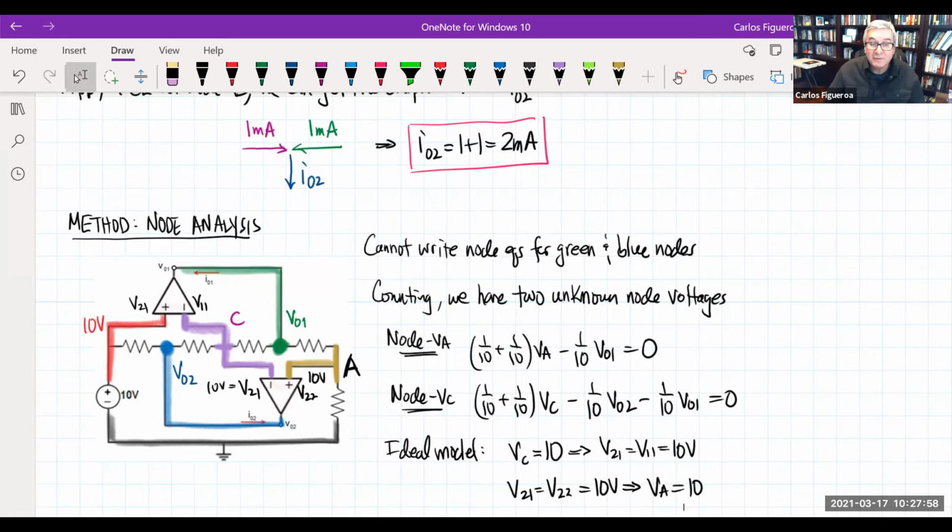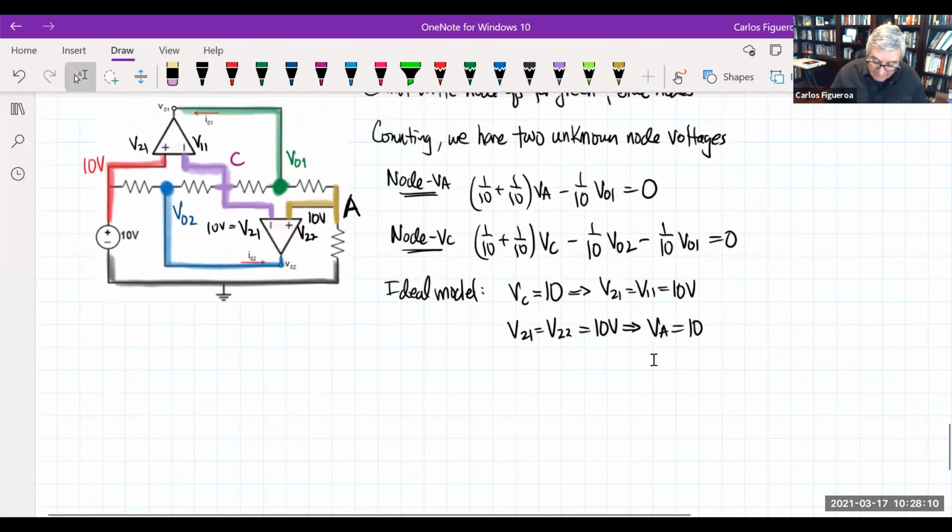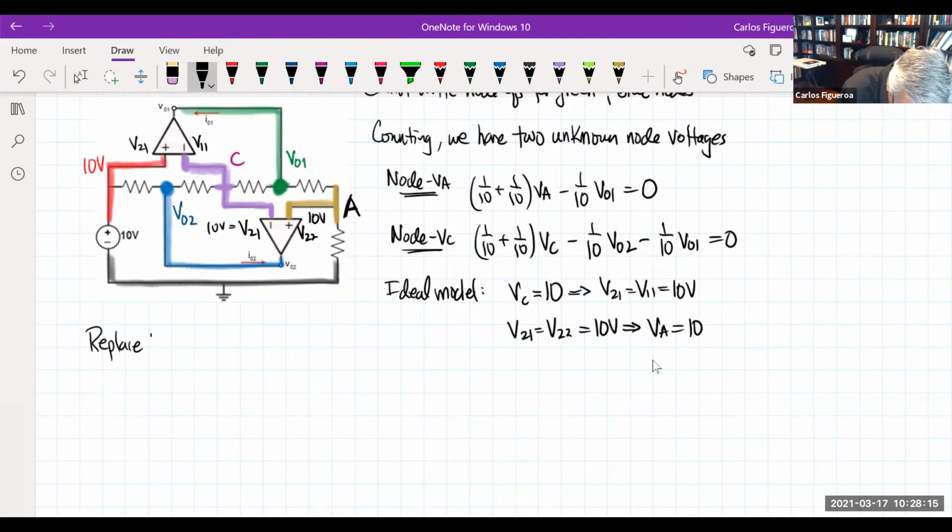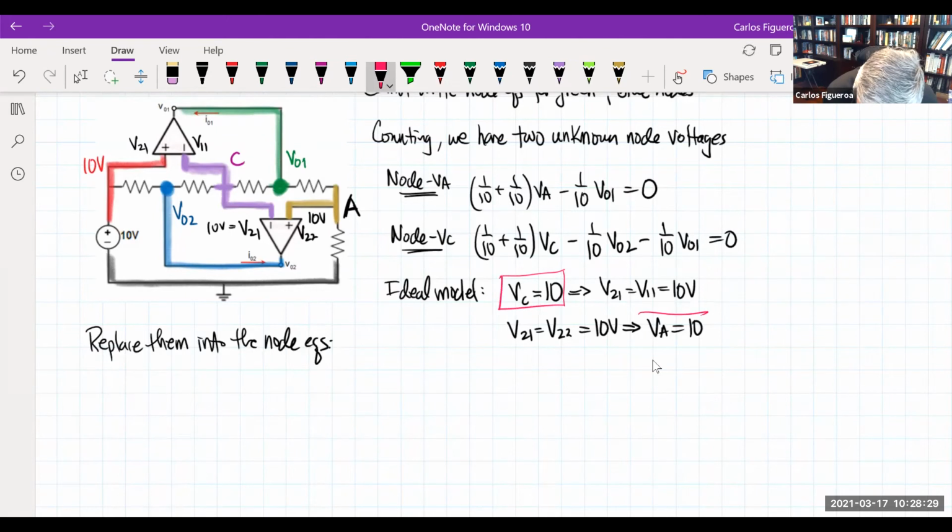So now I can calculate the voltages here. I know VA is 10 and I know VC is 10. If I replace these in these equations, I should have highlighted these guys just to make sure we're clear. That's what the ideal model tells us here.